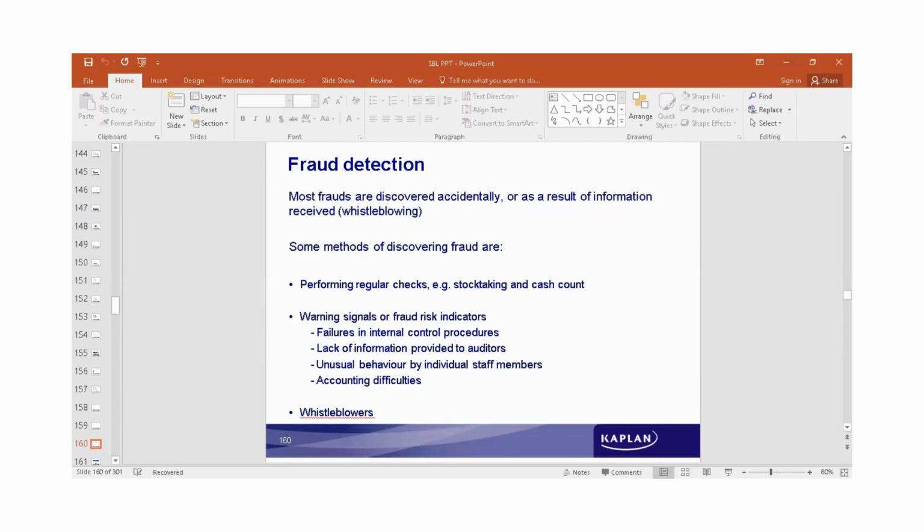Most frauds are discovered accidentally or as a result of information received, that is whistleblowing. So frauds are identified because accidentally or intentionally someone shares that information.